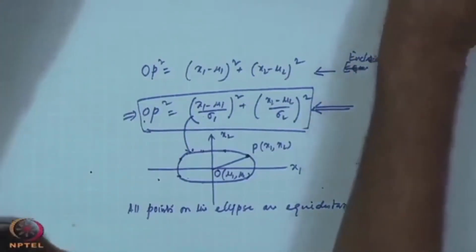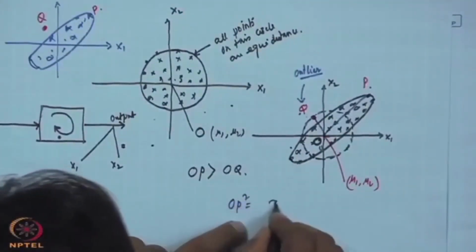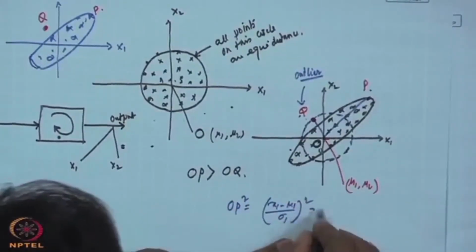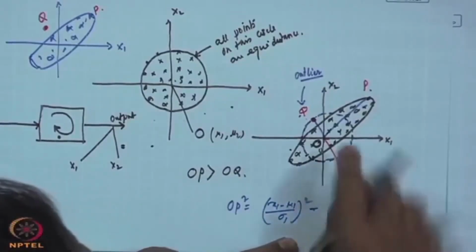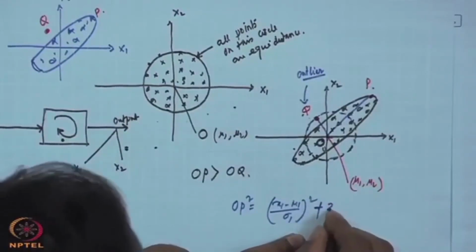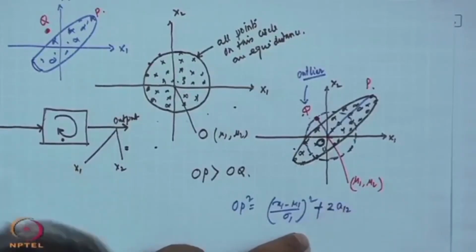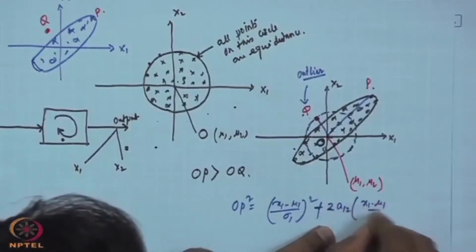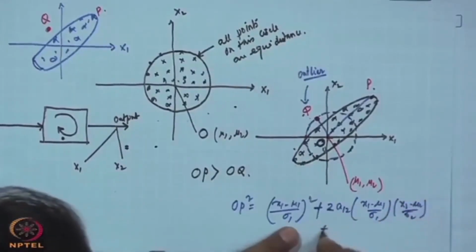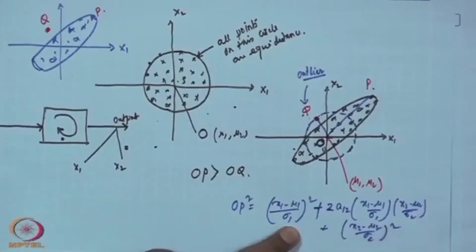If you take this ellipse, what will happen? Your OP square, you can write x 1 minus mu 1 by sigma 1 square, plus some constant, let it be a 12, times x 1 minus mu 1 by sigma 1 and x 2 minus mu 2 by sigma 2, plus x 2 minus mu 2 by sigma 2 square.